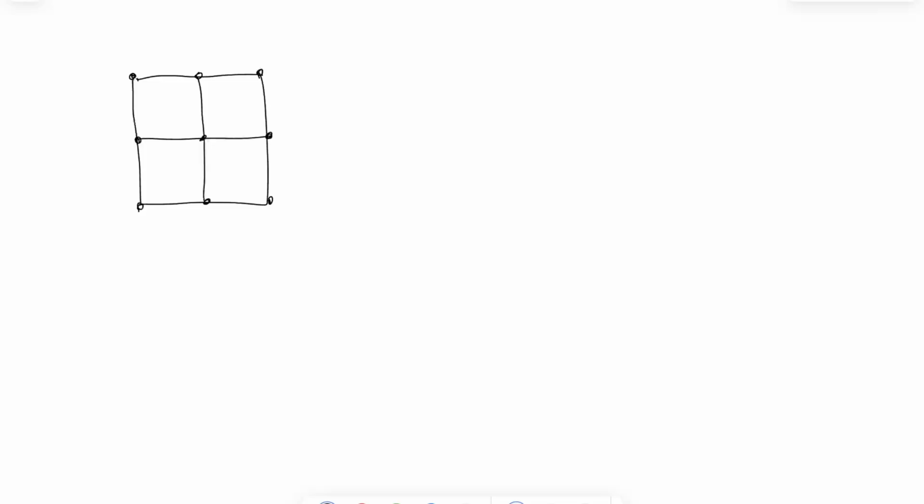This means, can you use every edge exactly once without repeating any edges? And the answer in this case is no. There's no Euler circuit here, or Euler path, but let's just talk about circuits for now. There's no Euler circuit. Why not?